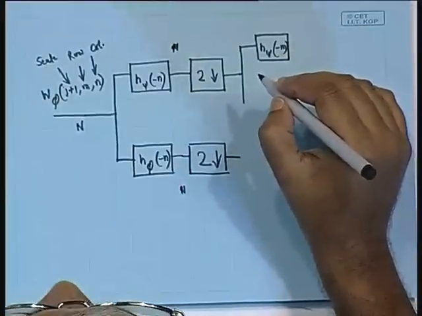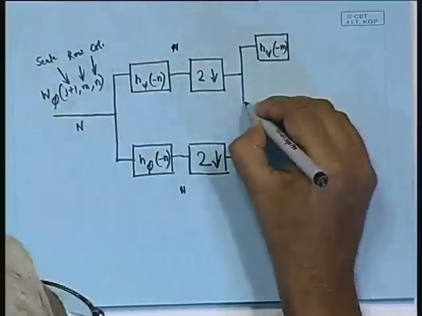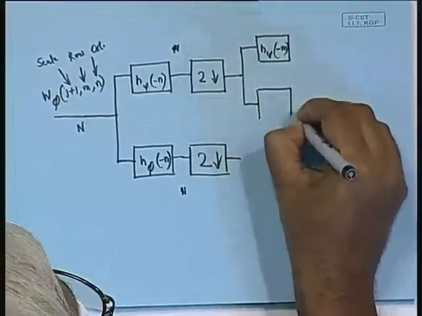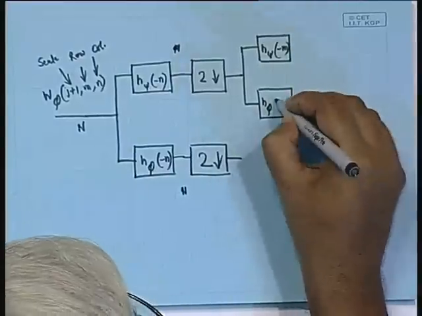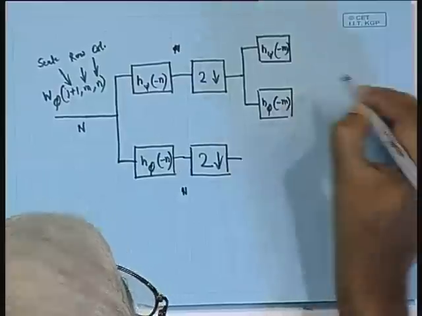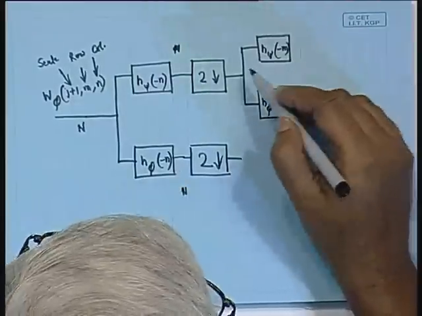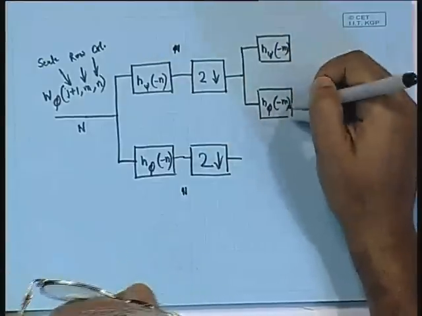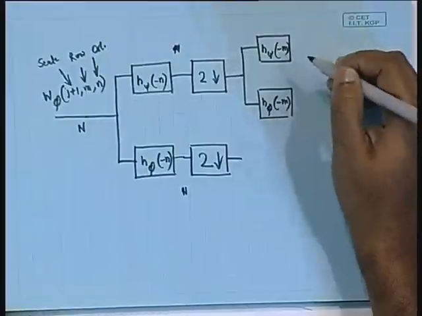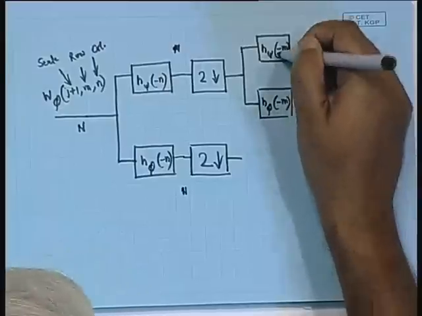The index m is used for the row. And here we are going to call it H phi of minus m, that is the low pass filtered version. So, after the column filtering we are applying one low pass filter along the row and one high pass filter along the row. This is the low pass filter along the row and this is the high pass filter along the row.